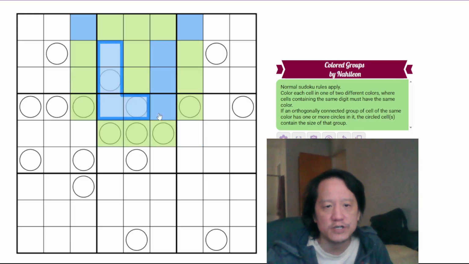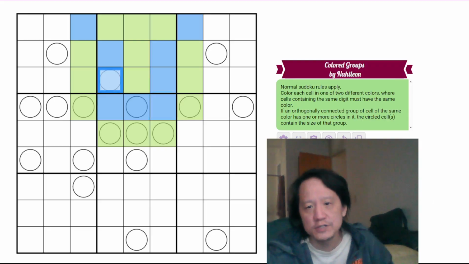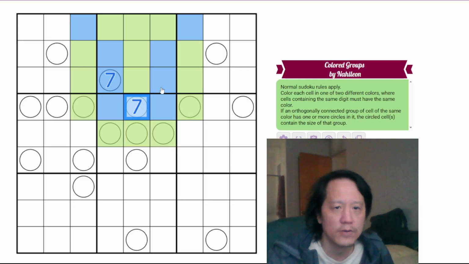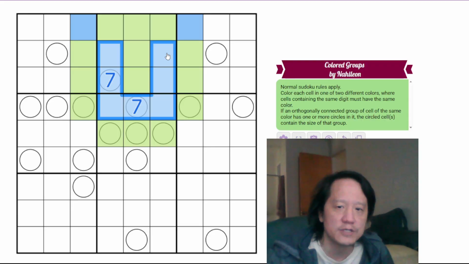This cannot get to any other blue cell through edges just by staying within the region. So this would be a total of 7 cells in this region. So these circles here would have to be 7 and 7 here, because they must count the size of this region of the orthogonally connected cells of the same color.